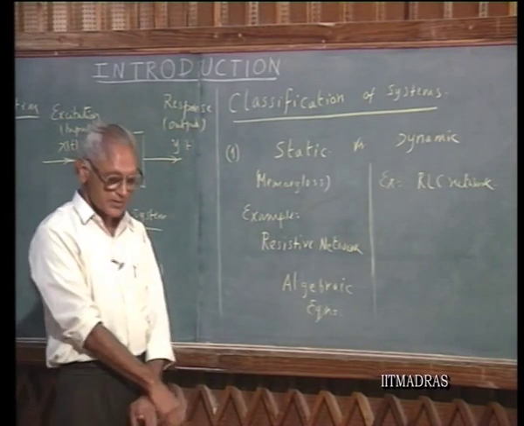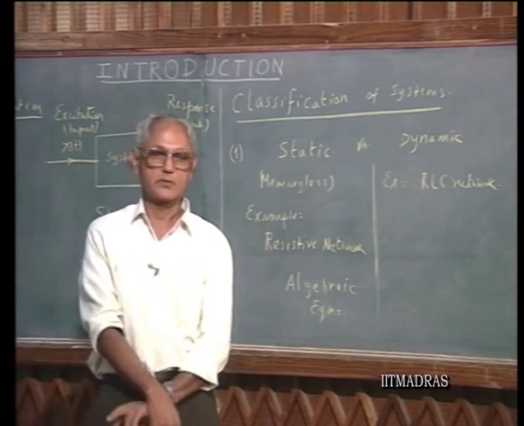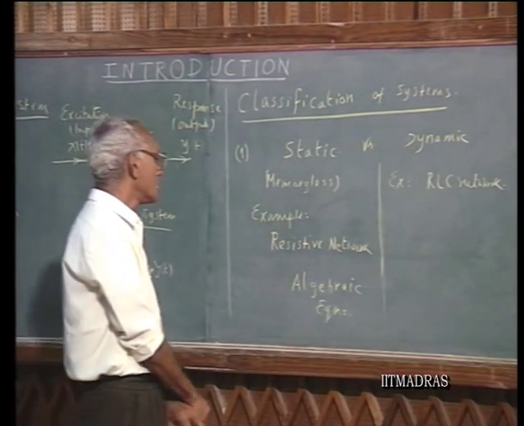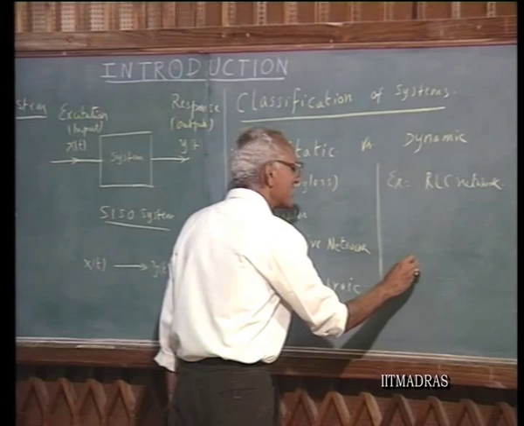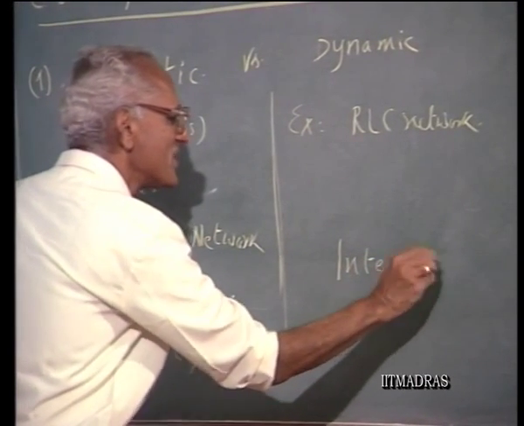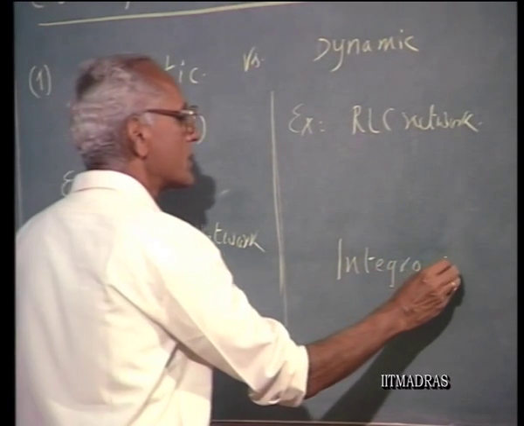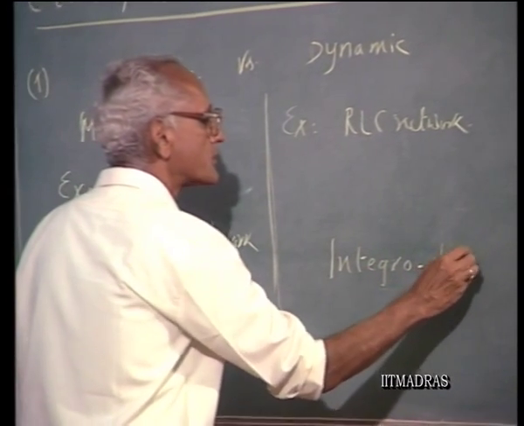Whereas in a dynamic situation you need to take stock of the derivatives, the time variation of the various quantities, so we have integro-differential equations, or an integro-differential equation can always be reduced to a differential equation, but in general we can say integro-differential equation.